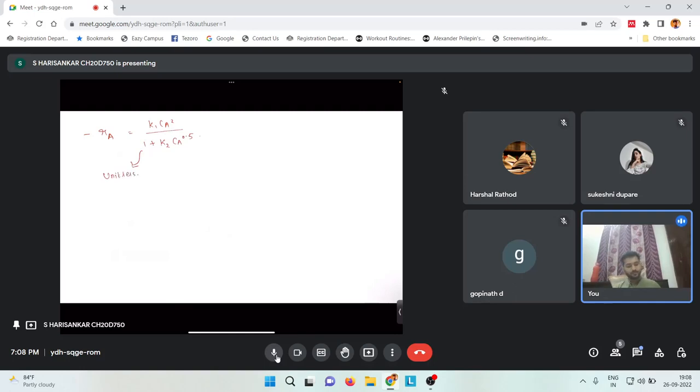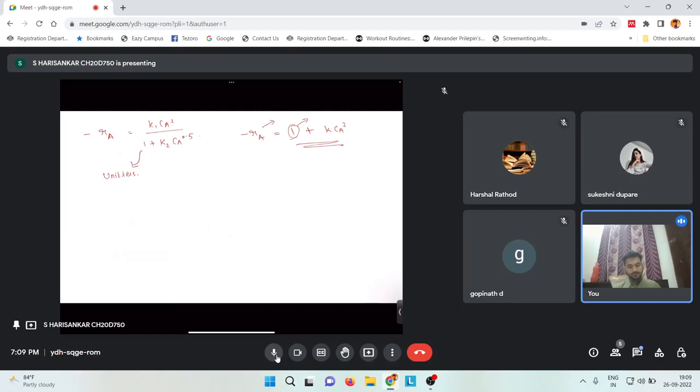This is one of the reasons it is very rare that you see a rate equation which is minus Ra equal to 1 plus some K Ca raised to 2, because this one is unitless. But if at all you do see such rate equations, then you have to assume this one has the same unit as the reaction rate.